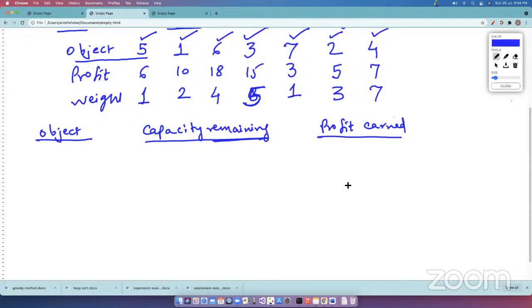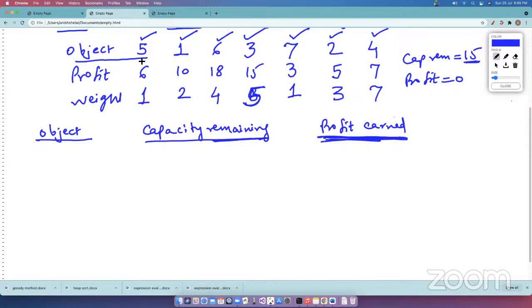And how much profit have you earned? 0, because till now you have not added anything in the knapsack. So capacity remaining, you can fill 15 kgs and profit that you earned is 0. Now it's just a matter of adding these objects.